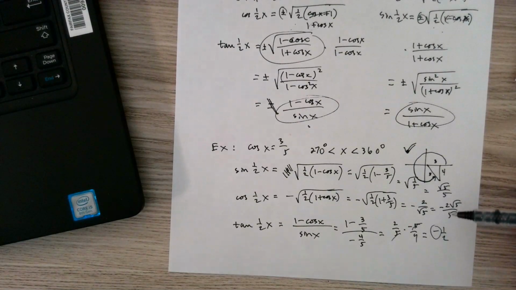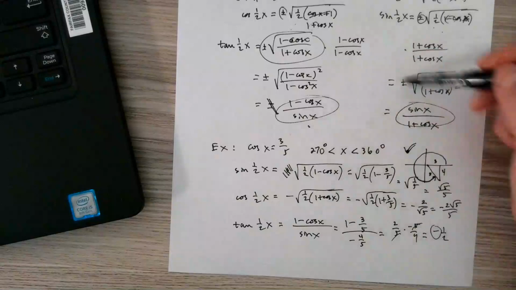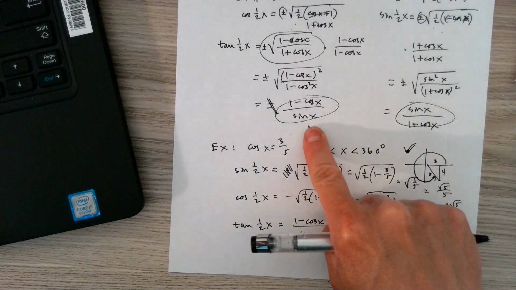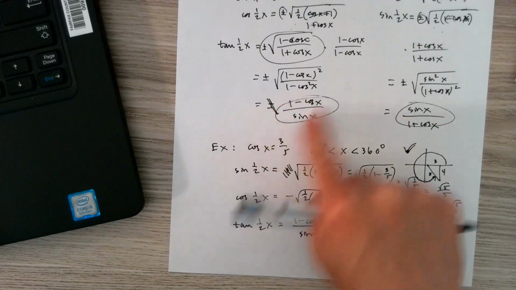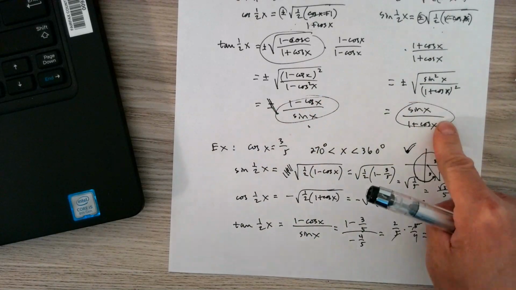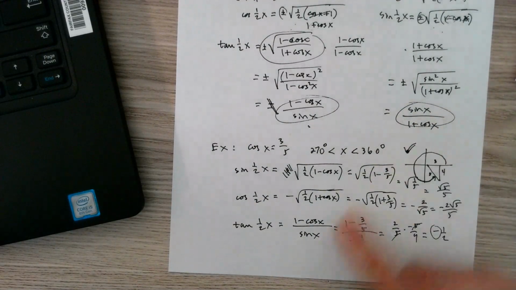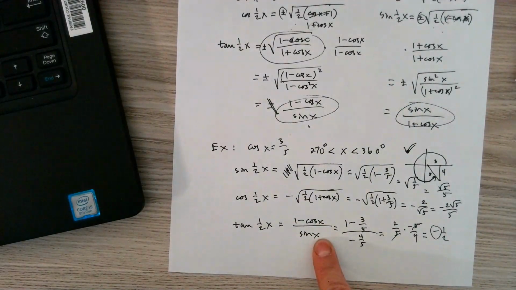So the reason that plus or minus sign goes away is because once you have tan of 1/2 x in this form or this form, everything takes care of itself, including the sine. Because if you look at this expression, you can just do it by cases.